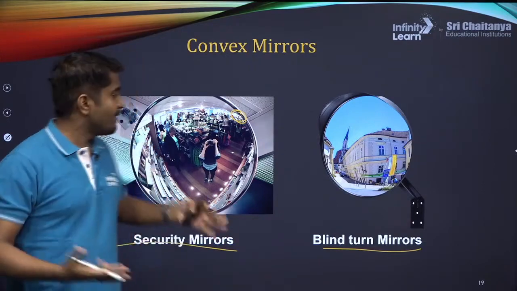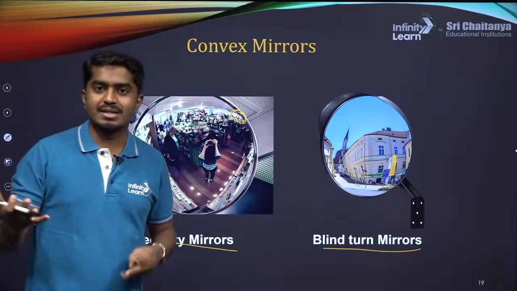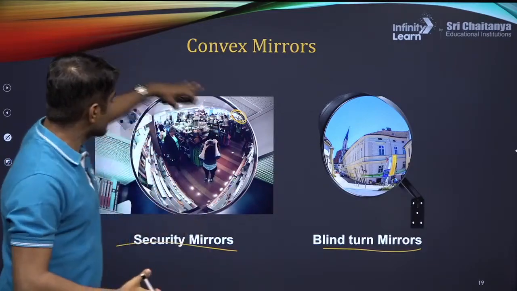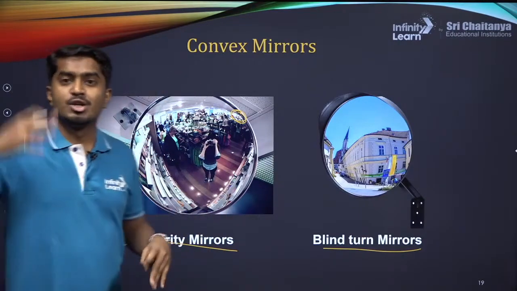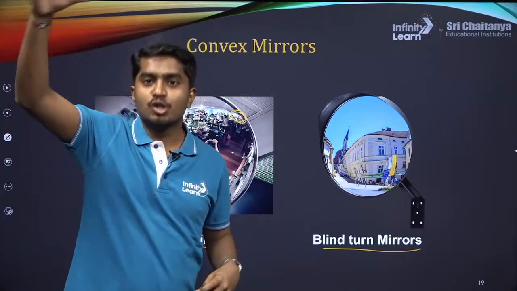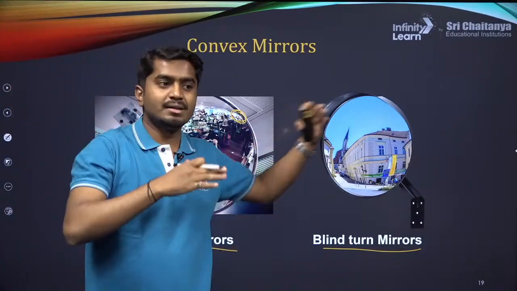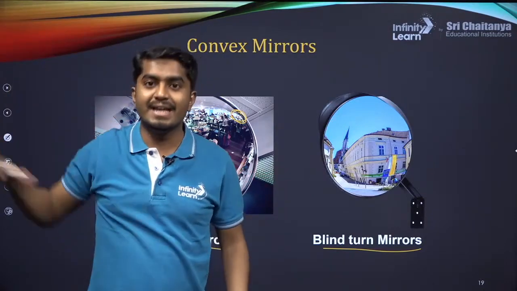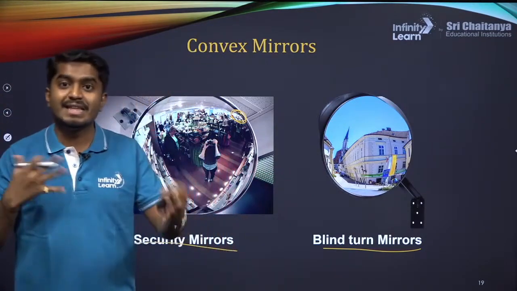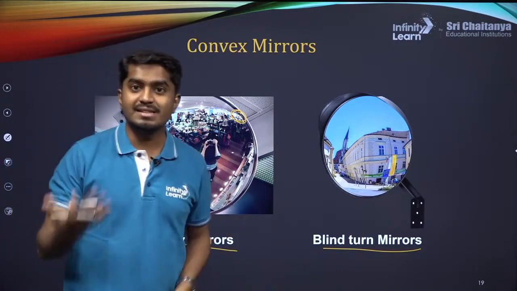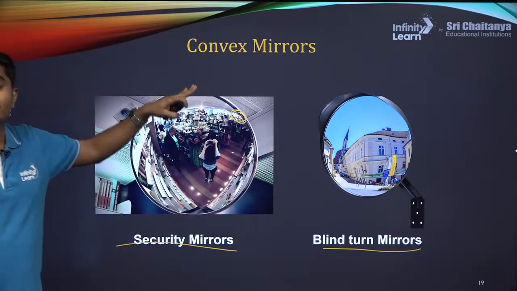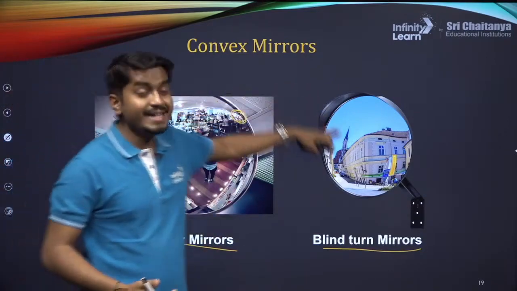Nowadays we have security cameras, that is even better, but when there was no security camera, they used to have these security mirrors. That mirror would be just at one corner, the shopkeeper can see only that mirror and he will get the idea what is happening. If there are any thieves stealing something from the shop, he can just check from this one mirror. And there are blind turn mirrors.